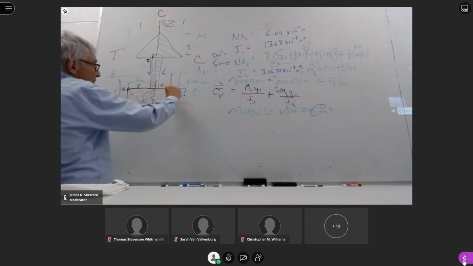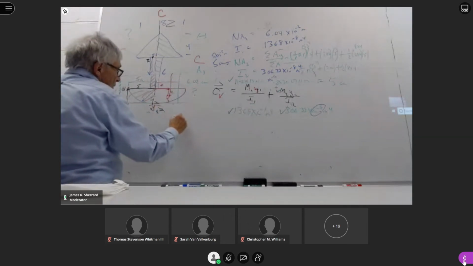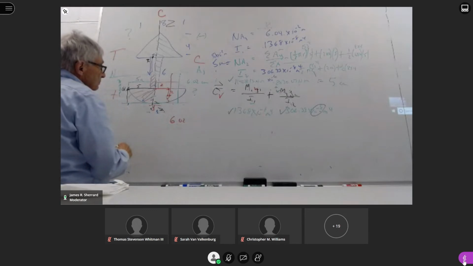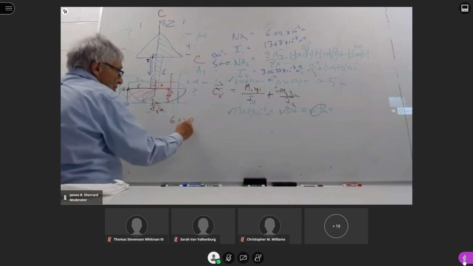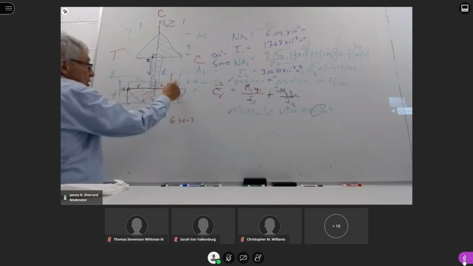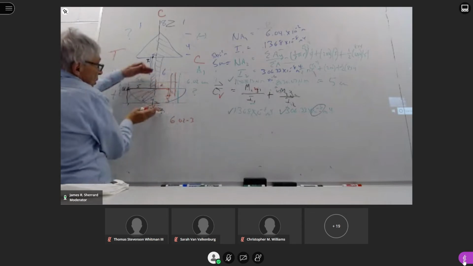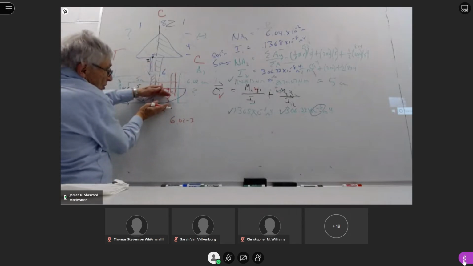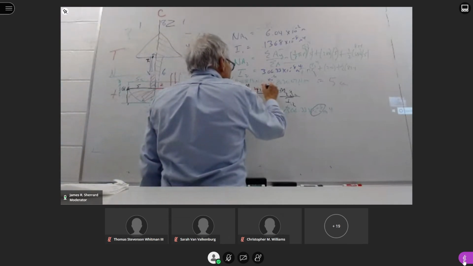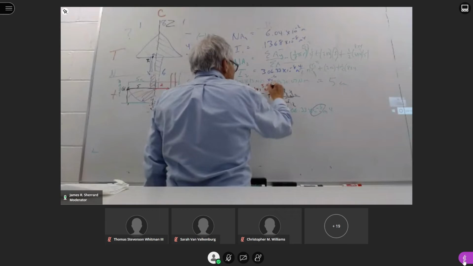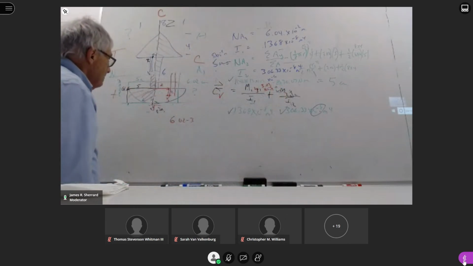So this is to here is 6.02, okay? And this distance up from the base is what? 3. So this distance from the neutral axis to here is 6.02 minus 3. So that's going to be 3.02 times 10 to the minus 2 meters. We'll do the signs at the end.